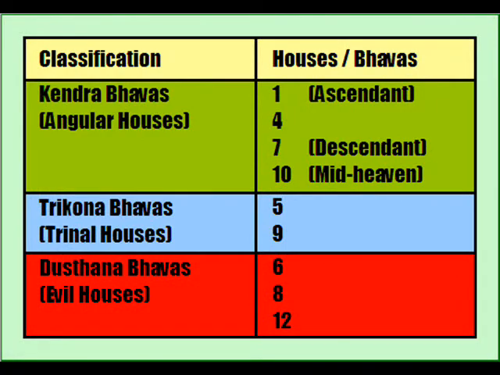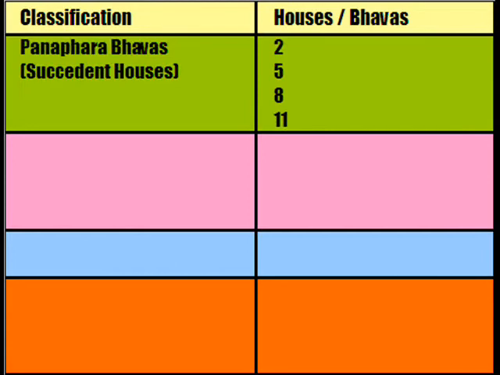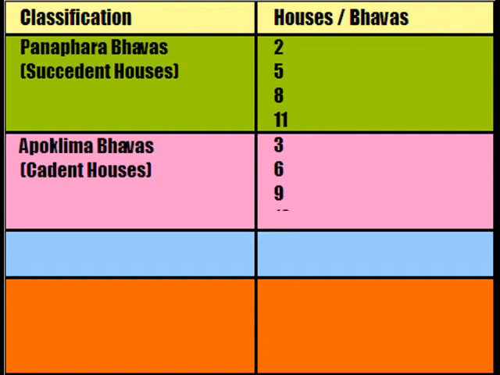And there is yet another set of classification, which will be the Panafara Bhavas, which are the succeedent houses 2, 5, 8 and 11. The next will be the Apoklima Bhavas, which are the cadent houses 3, 6, 9 and 12.